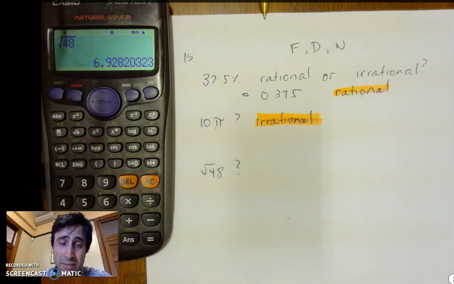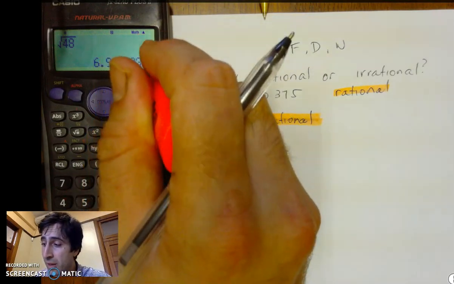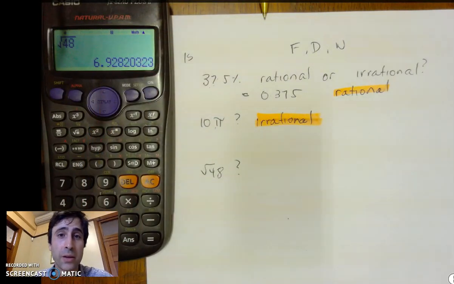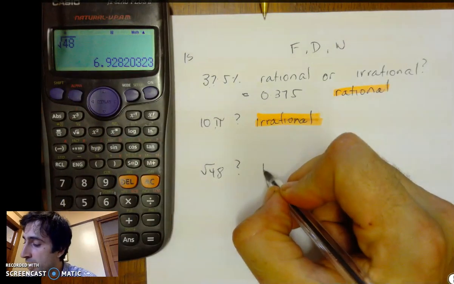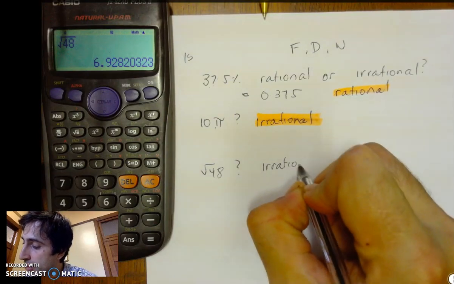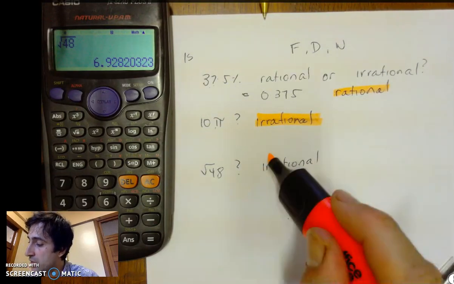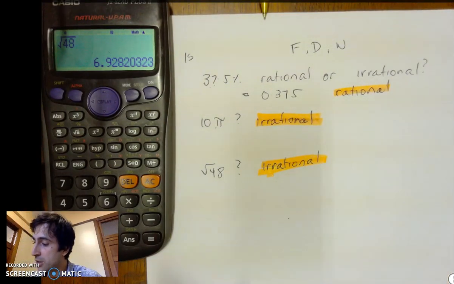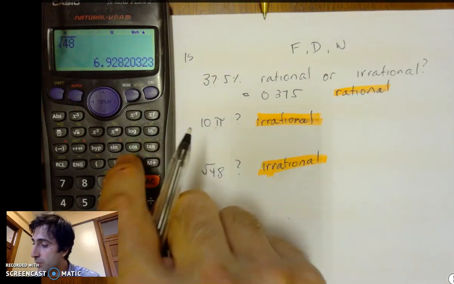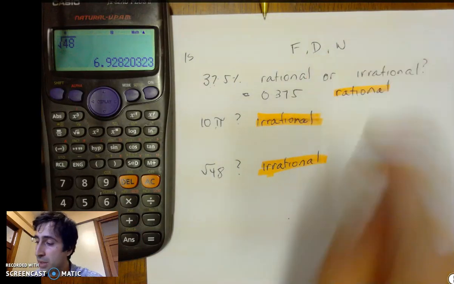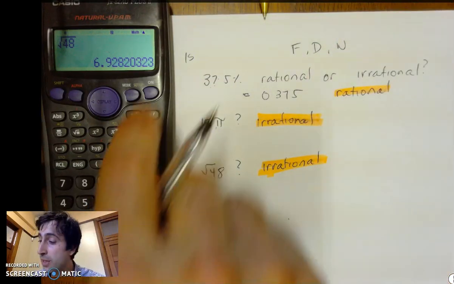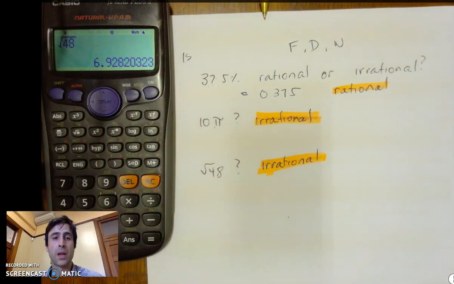I suspect, although I can't be certain, unless it terminates there, that it goes on forever and ever. We see that there's no repetition, and therefore I would say that this is irrational as well, because the answer is neither a fraction, we can't press S-D and turn it into a fraction, nor a whole number, and we can't turn it into a terminating decimal.